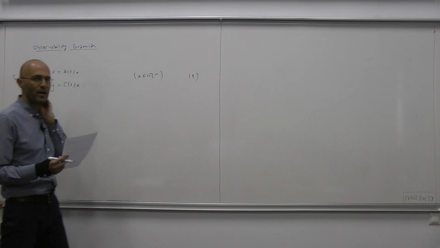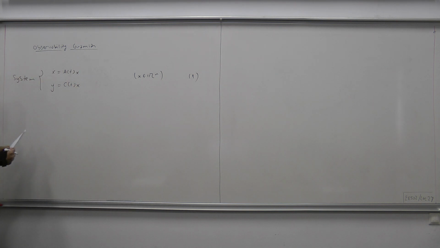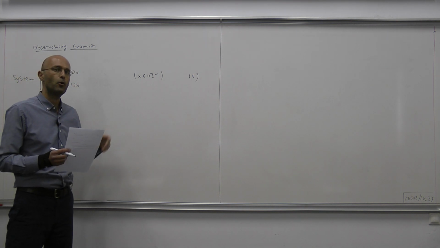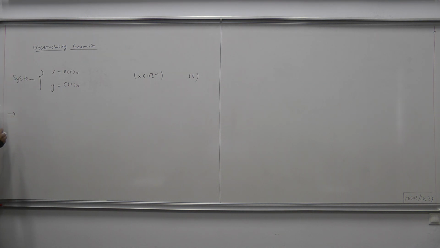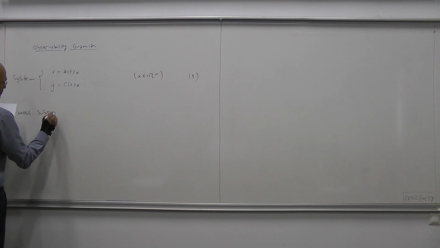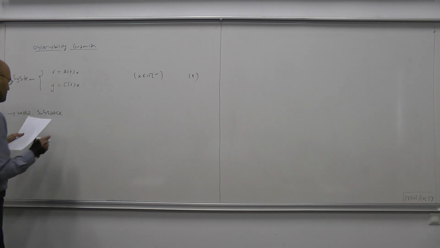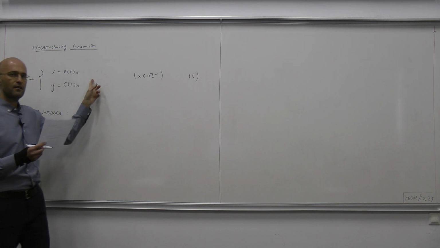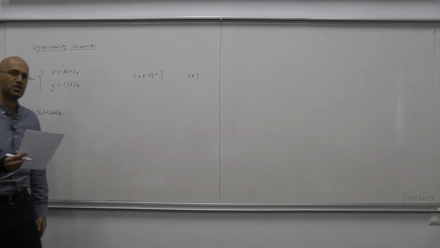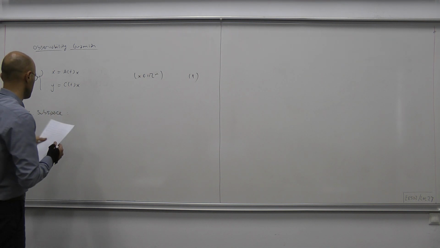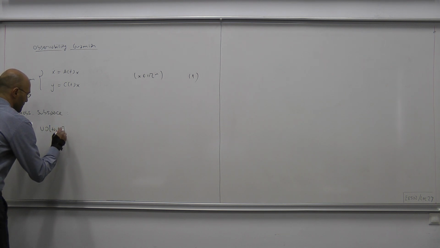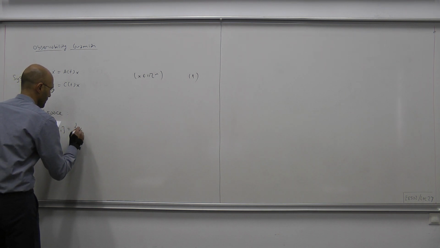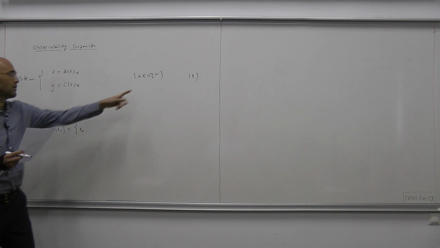Now, to answer that question, we introduced an object called the unobservable subspace. So let's quickly remember what it was. The unobservable subspace for this system and for a given interval from t0 to t1 was the following subspace of Rn.